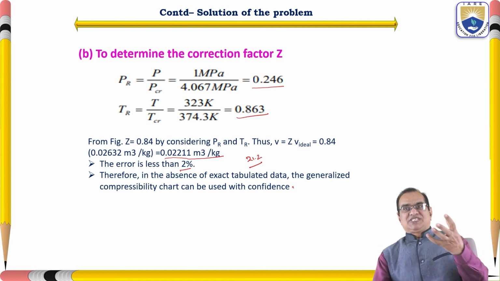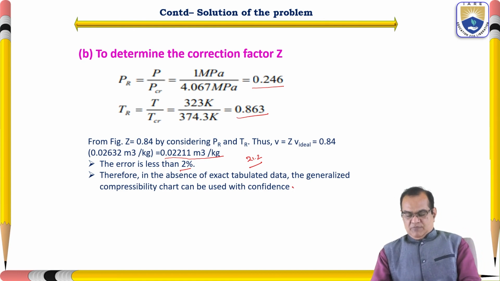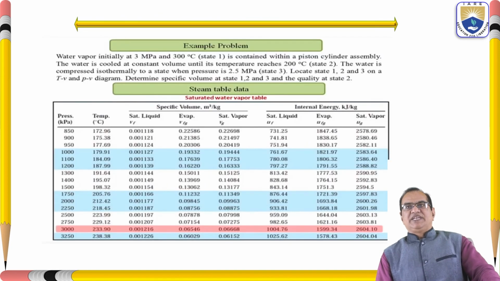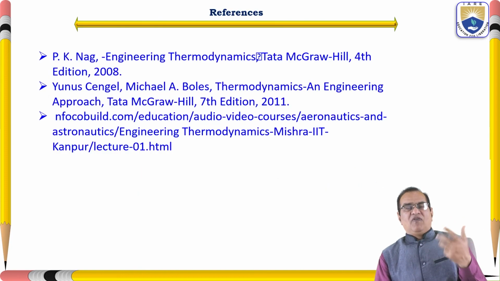If you use this compressibility chart which I have shown, it is very useful for the calculation of different data. These are the tables which we can use for our purpose. For different steam tables we can find out.